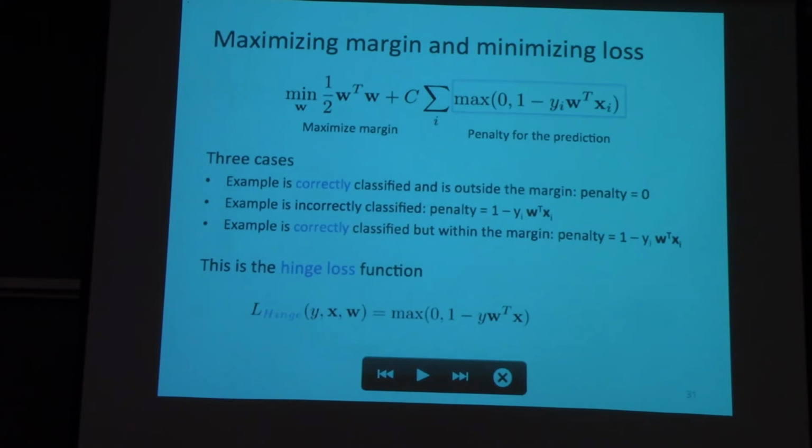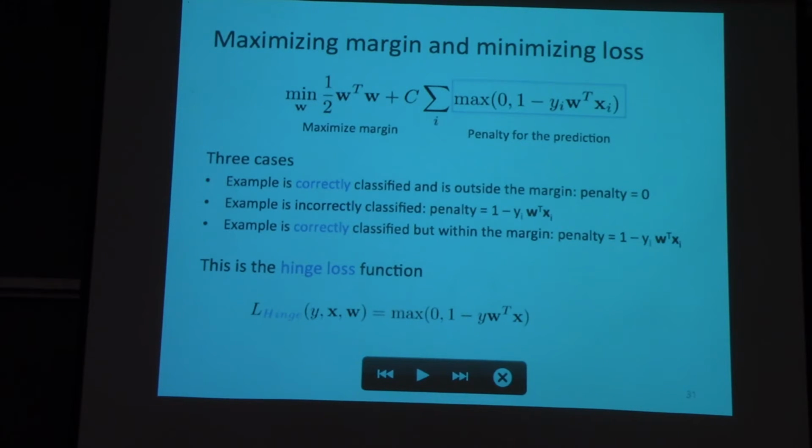So we know the first term tells us we want to maximize the margin. And we know the second term comes from the constraint equations. So the max function has two components, right? So either 0 could be bigger or 1 minus y w x could be bigger. So let's consider them separately.